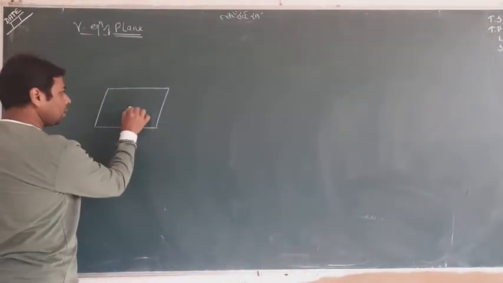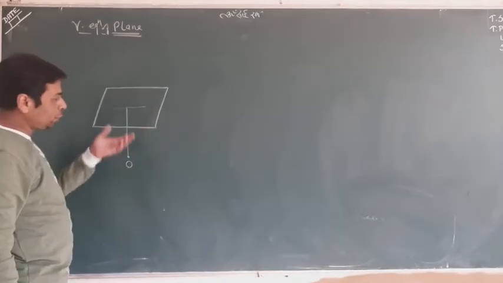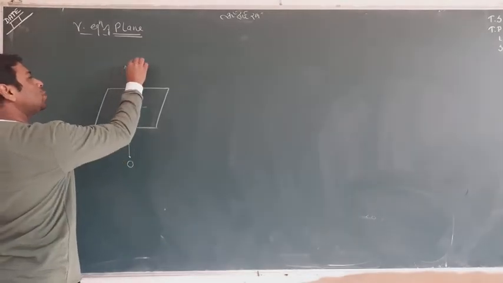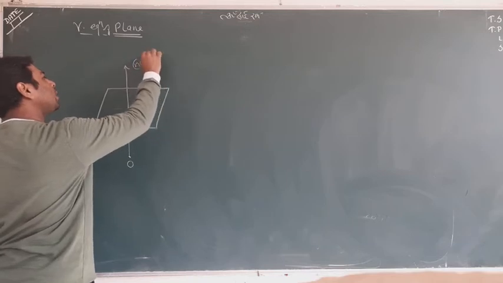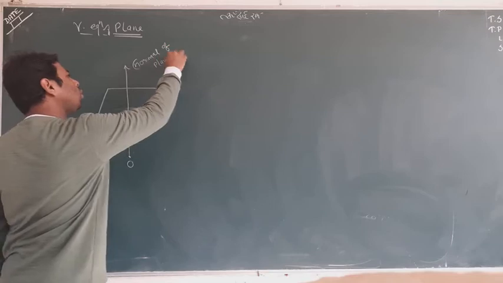This is the perpendicular from the origin to the plane and it goes upside, which is called the normal of the plane.